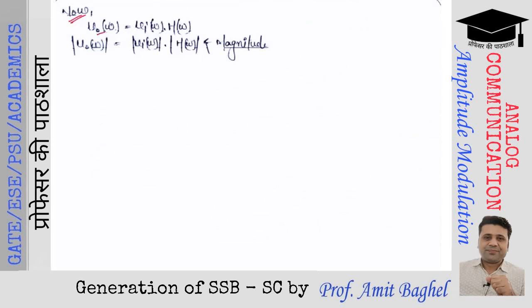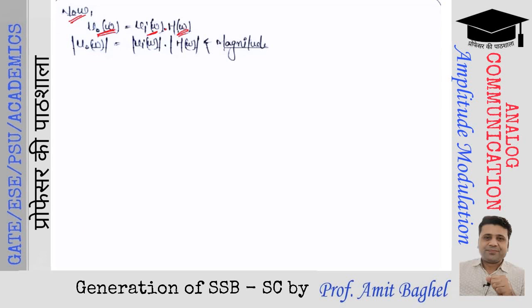V naught of omega, that means in the frequency domain, the output will be equal to the frequency domain input Vi of omega multiplied with the transfer function H of omega. The definition of transfer function, as you all know, is the Laplace transform of output divided by the Laplace transform of input, providing zero initial conditions.